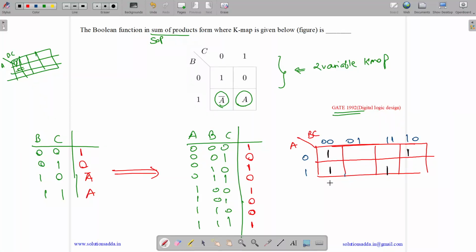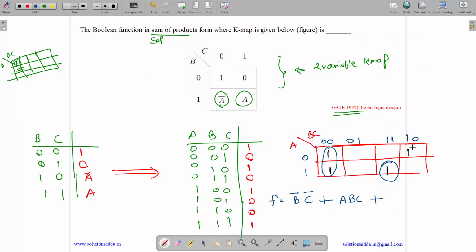Now let us try to draw the groupings. So here we can have this one pair. The output F for this pair will be, this will cancel out and we will have B complement C complement. Then this won't pair with anything, so for this we will have ABC.